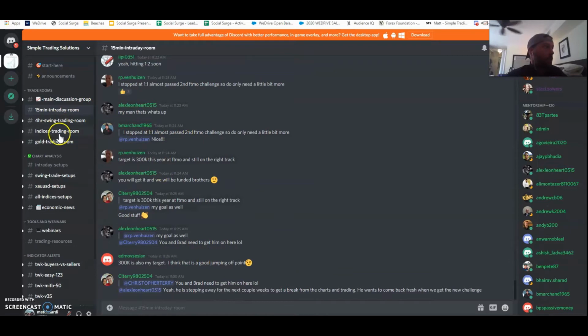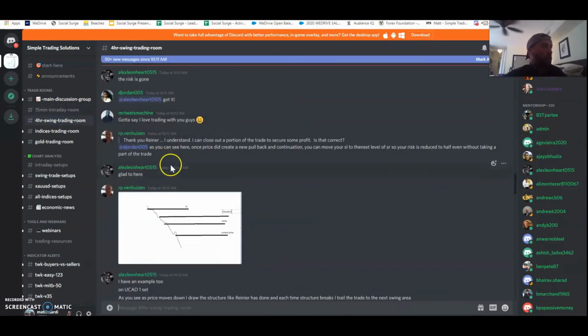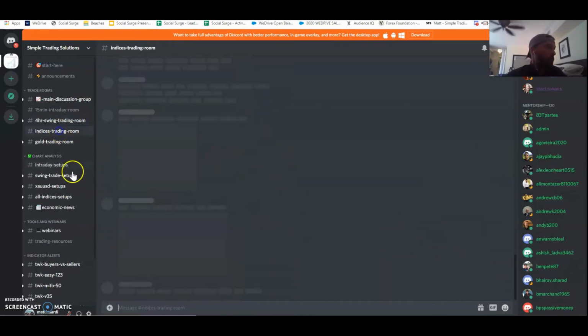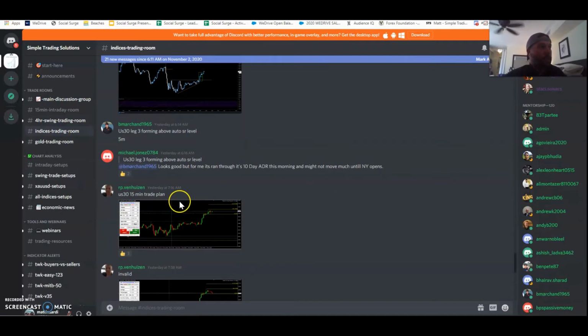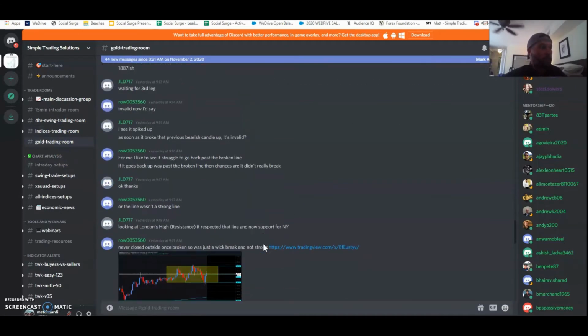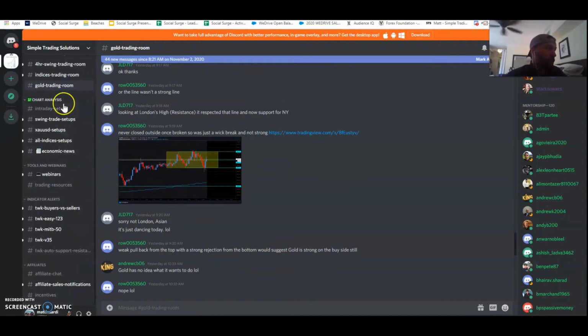Everybody's in here talking. I hang out in the 4-hour swing trading room, so if you're looking for higher time frames, this is a good room for you. If you like trading indices, that's what this room's all about. Gold, literally all they do is trade gold in this room. Different chart analysis rooms, but these are the indicator alerts.